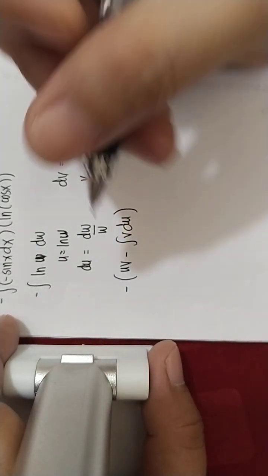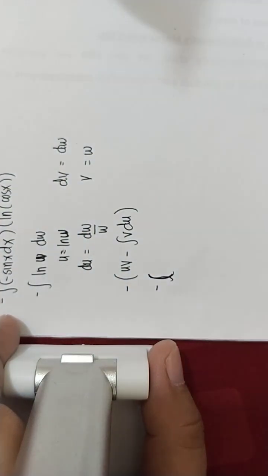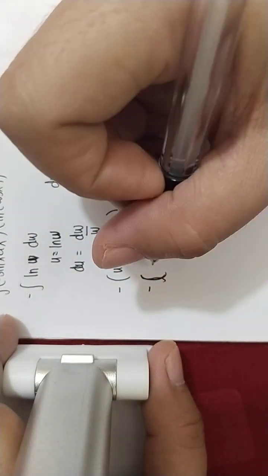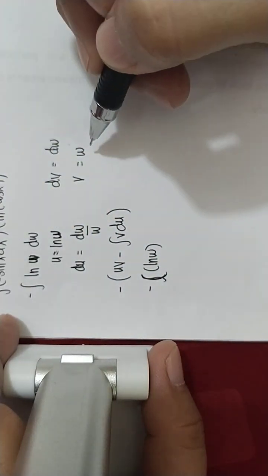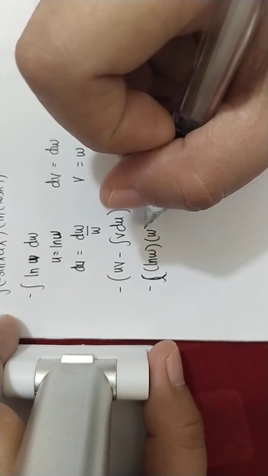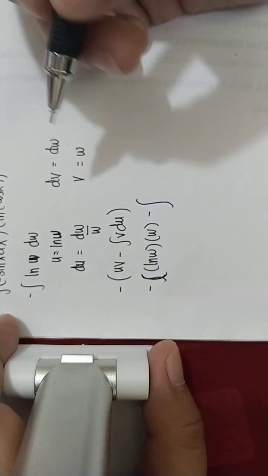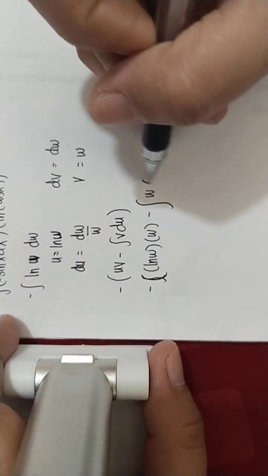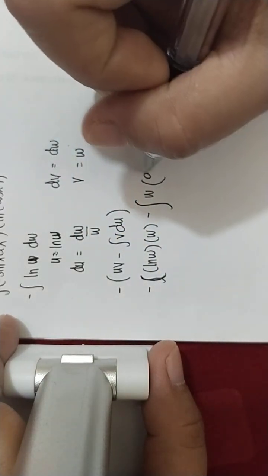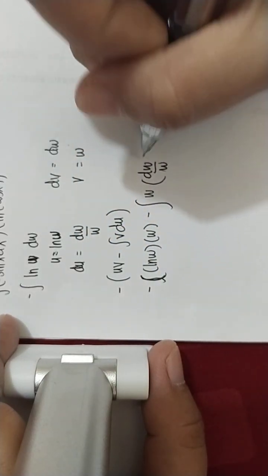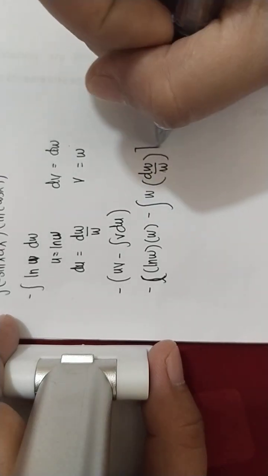Bakit may minus? Because of this negative. Okay, so negative of u, your u is actually ln of w, tipo yun. And then your v is w, and then yung du natin is this dw over w. Okay, so nakamultiply sila.